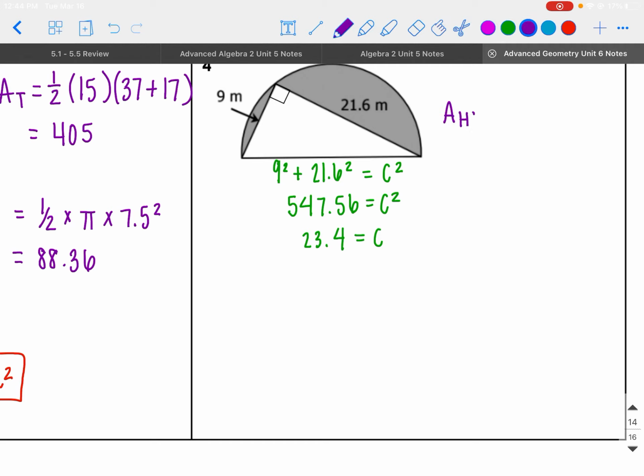So the area of the half circle is half times pi times r squared. And so the diameter is what we found of 23.4. Half of that would be, let's see, I think I wrote down the wrong number. 11.7 is what it should be. Squared.